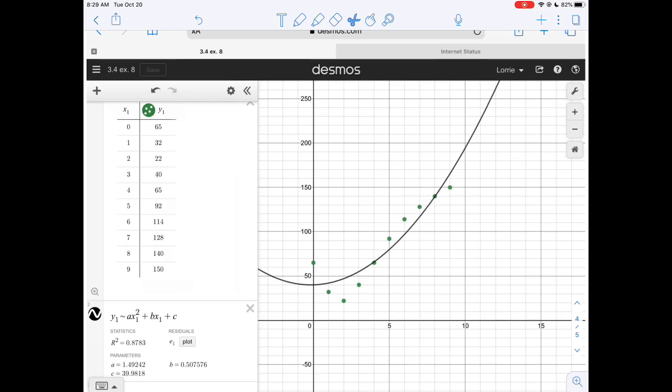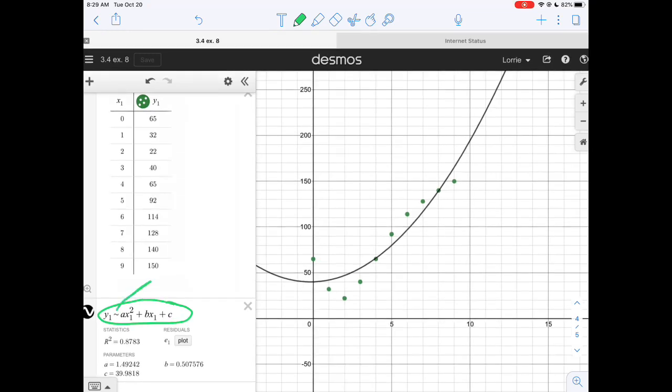So since we used an x1 and a y1 in our table, we're going to use an x1 and a y1 when we put in the standard form of the equation. So this is y1 is equal to ax1 squared plus bx1 plus c, also using the approximation symbol, also called the tilde, instead of an equal sign, so that Desmos knows that we want it to approximate the values of A, B, and C.